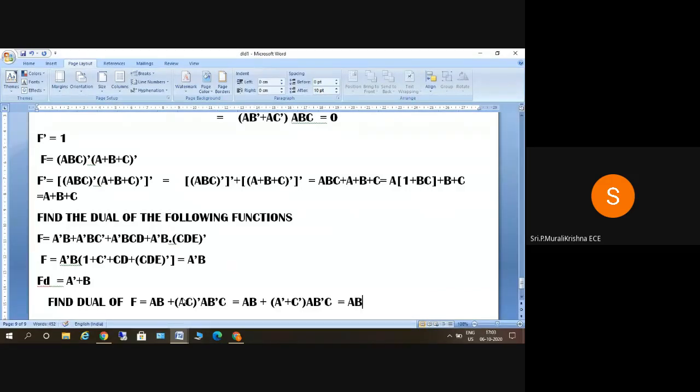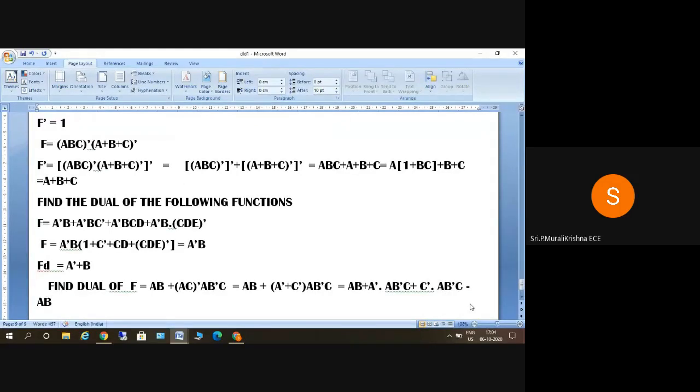So that is equal to AB plus A bar into A bar into AB bar C plus C bar into. Here C into C bar is 0 and A into A bar is 0. So the answer will be equal to AB.